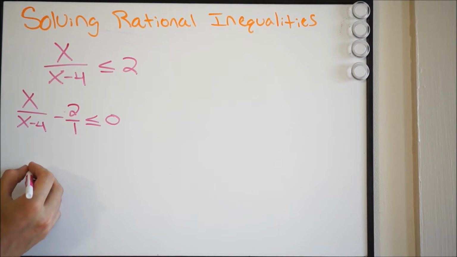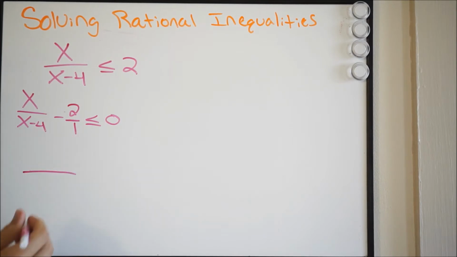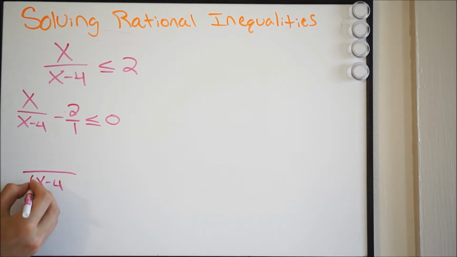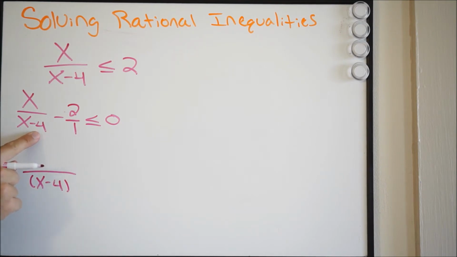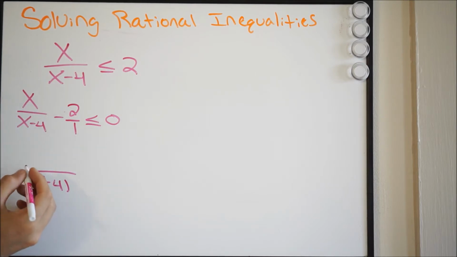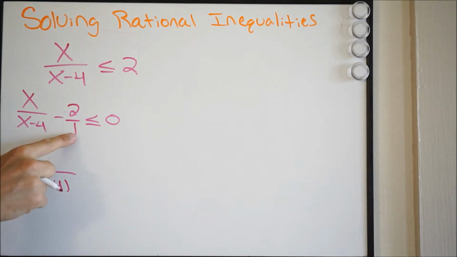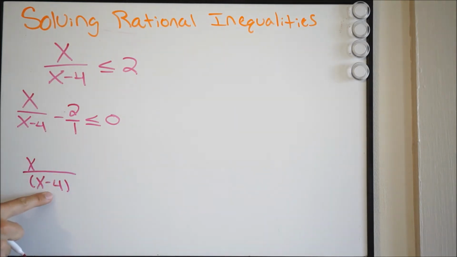And we'll get the following. So x minus 4 times 1 is just going to be x minus 4, and we can go ahead and put it in parentheses. So what did I multiply this by in order to get this common denominator? Well, I multiplied by 1, so I'm going to do 1 times x, or just x. What did I multiply this by in order to get my common denominator?